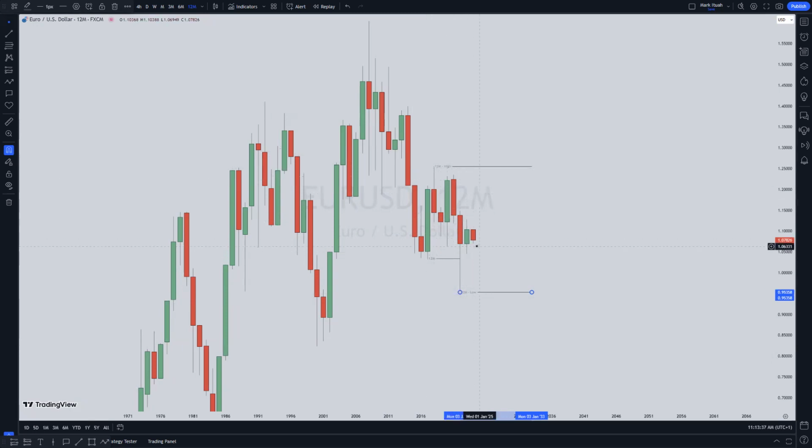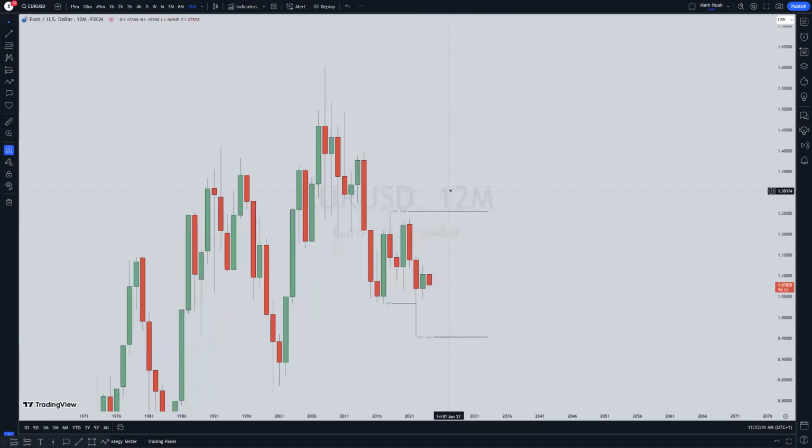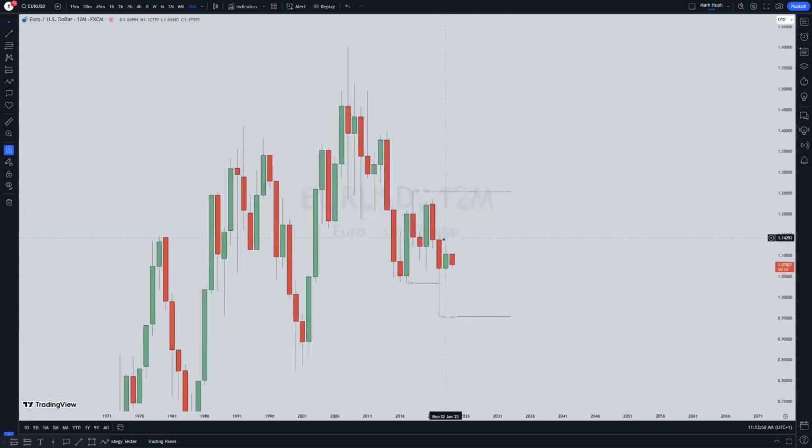If price eventually takes out this high, it will give a complete change in market structure to being bullish. But for now, price is still bearish, and we've had a completed pullback, so we're expecting price to head for this low here.